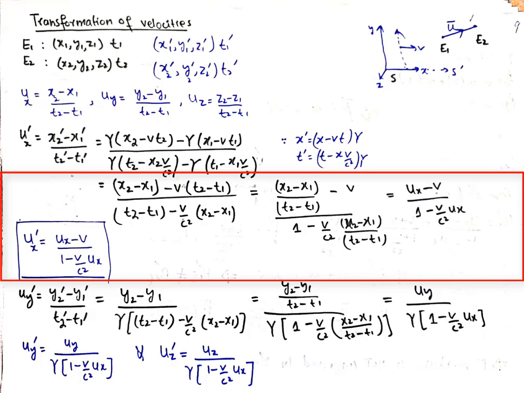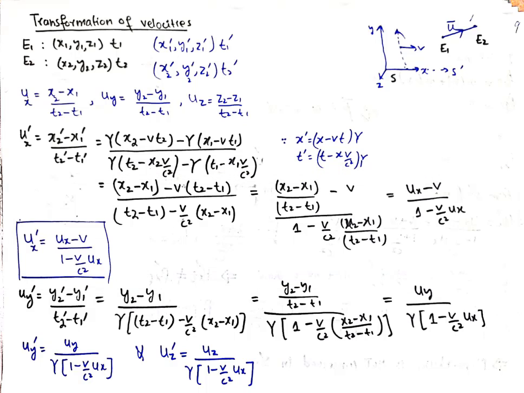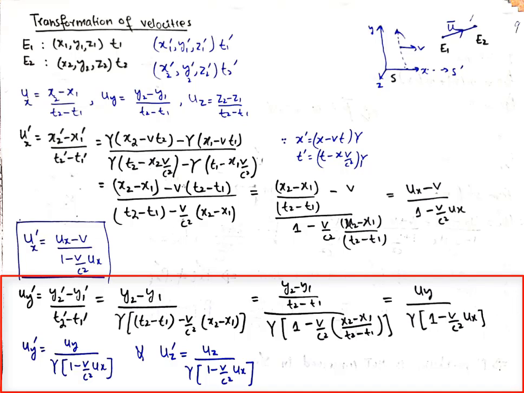So this is basically the velocity transformation equation for the x component, and similarly I can use this approach to find the velocity component in y and z direction. So uy prime will be equal to y2 prime minus y1 prime divided by t2 prime minus t1 prime. But according to our transformation equation, y2 prime is equal to y2 and y1 prime is equal to y1. So I will get y2 minus y1 divided by t2 prime minus t1 prime, which we have already done using the transformation equation.